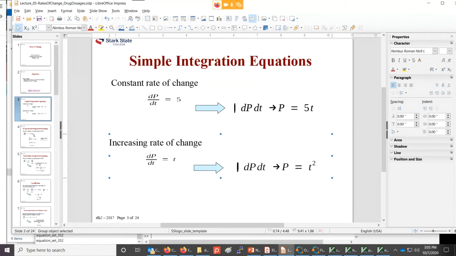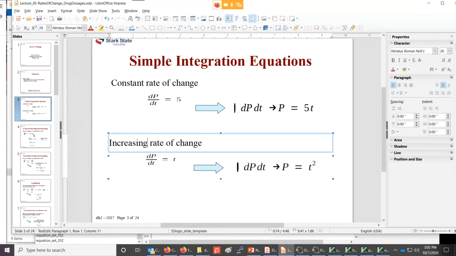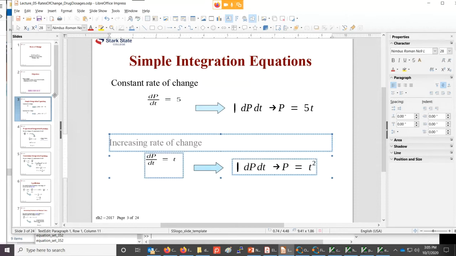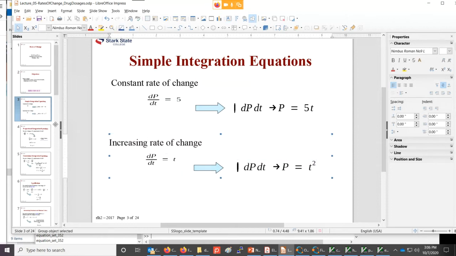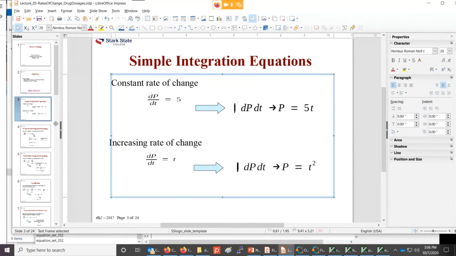All right, so if the system changes at a rate of 5 per time unit, then it increases as time increases, with a slope of 5. If it increases at a rate of t, so as t increases, the rate also increases, then we end up getting a parabolic t squared sort of form from that.